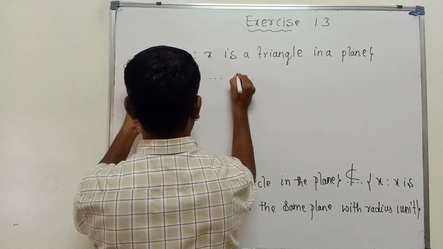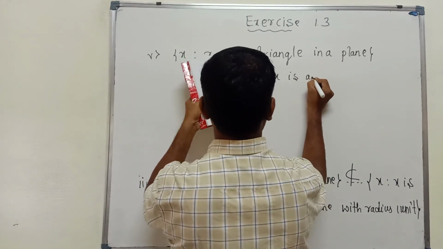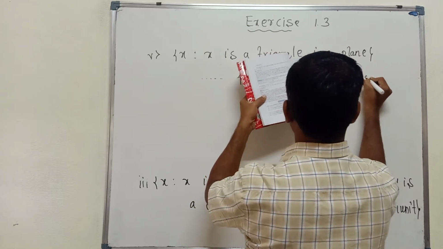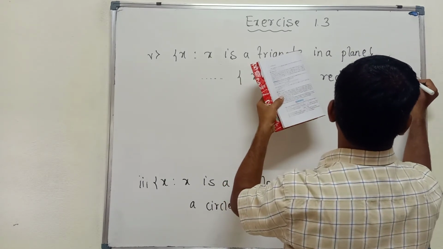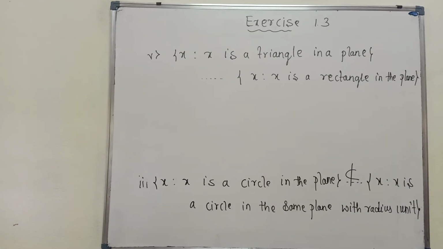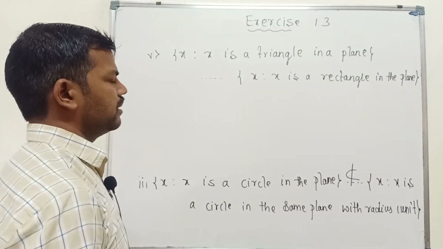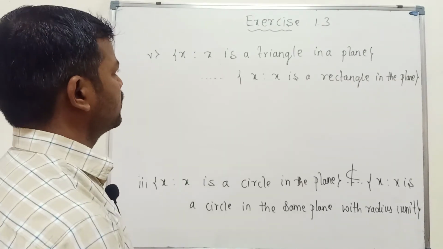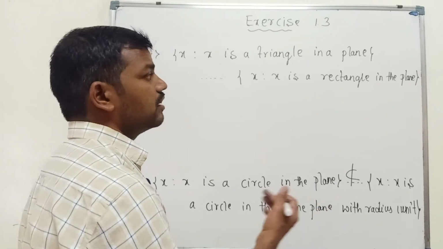And I take X such that X is a rectangle in the plane. So X is a triangle in a plane, X is a rectangle in a plane.